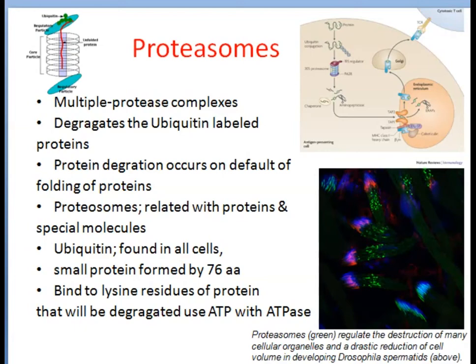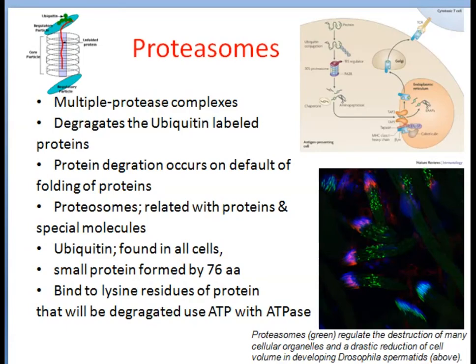Protein degradation occurs on default of folding of proteins, and we have to know that the proteins to be degraded within the proteasome have to be marked. The marking here is by ubiquitin molecules. The ubiquitins will be recognized by the recognition particle of the proteasome, and only then can the protein be dislocated into the barrel.